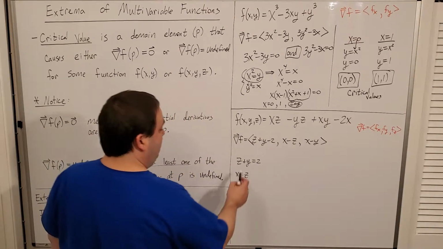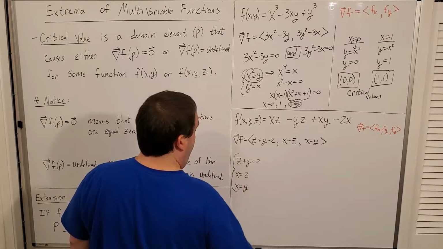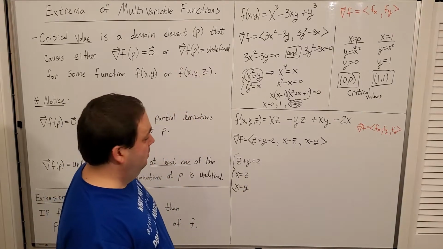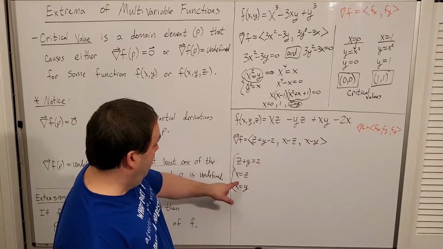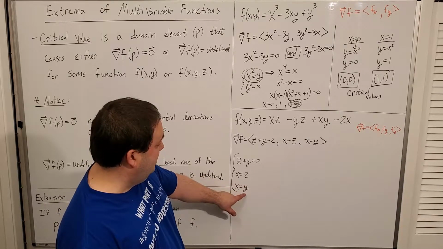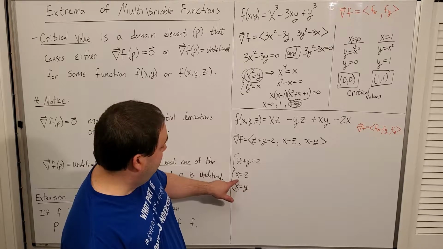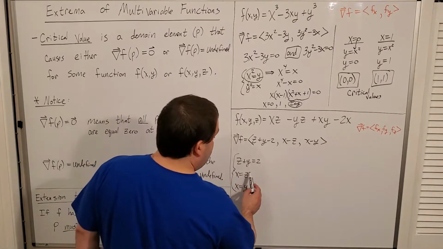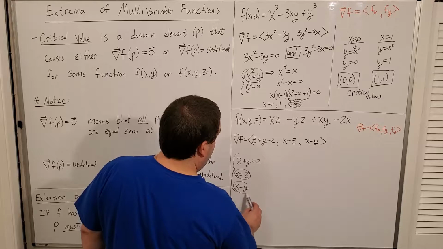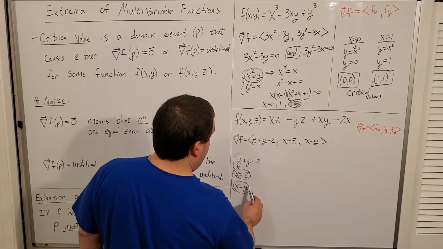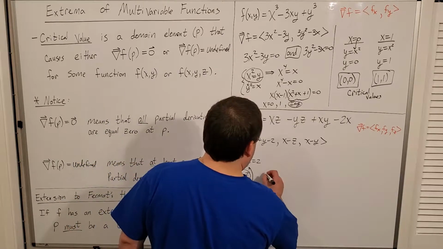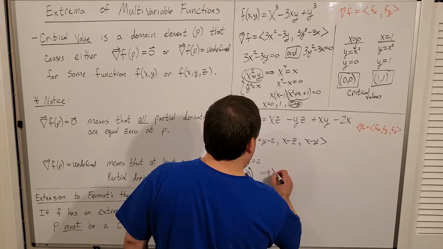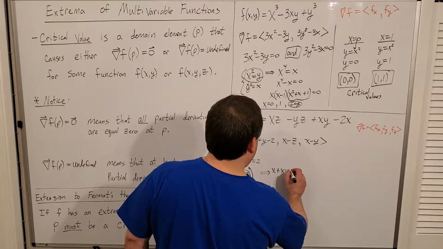And then these three equations have to work together in order for this to be equal to the zero vector. Well, x is equal to z and x is equal to y. So it looks to me like I could plug both of these equations back into this top one, which would then give me the equation x plus x equals 2.